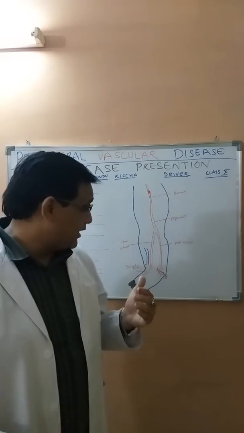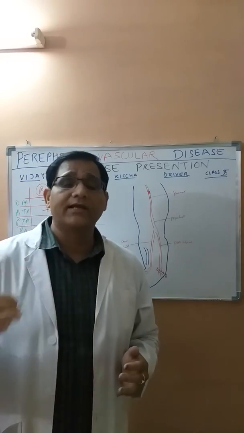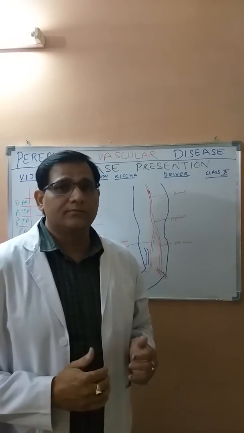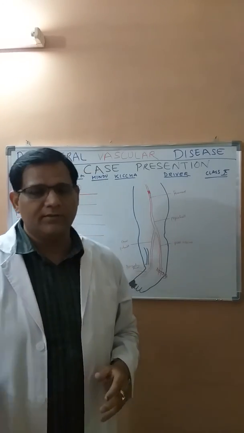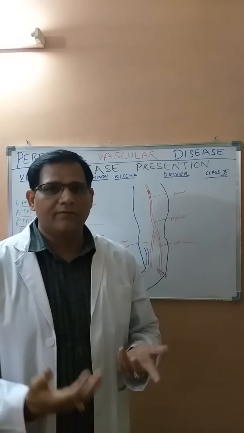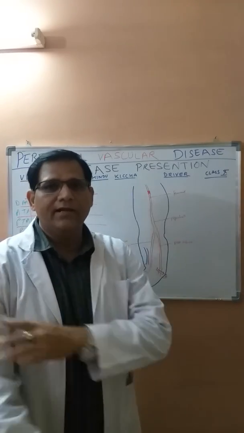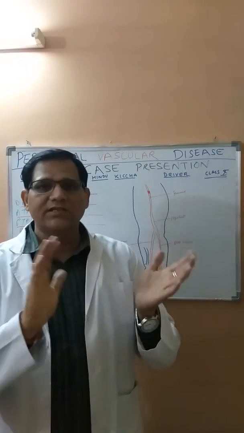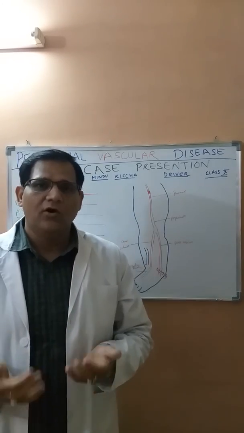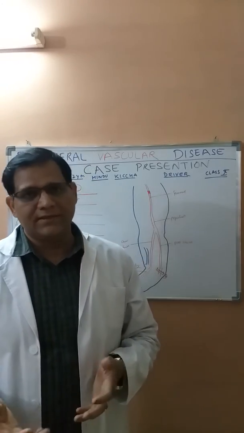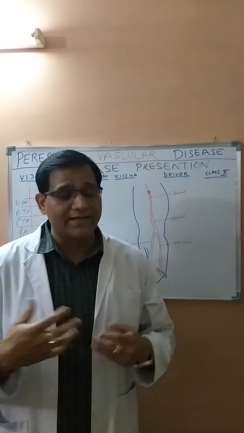Then earlier we used to do the ankle brachial pressure index, where we put a BP cuff just above the ankle to see the difference between the pressure in the ankle and the brachial. The greater the difference, the more the flow has decreased.